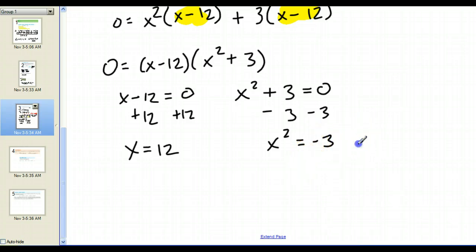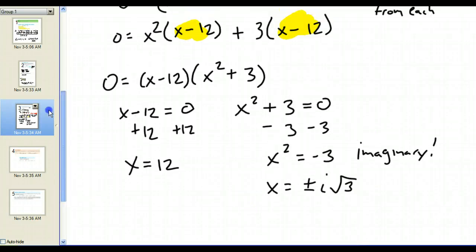Okay? This is going to end up being imaginary. Alright, and if we were doing regular old algebra, we'd say x equals plus and minus i times the square root of 3. Okay, if you remember back to doing the quadratic section.